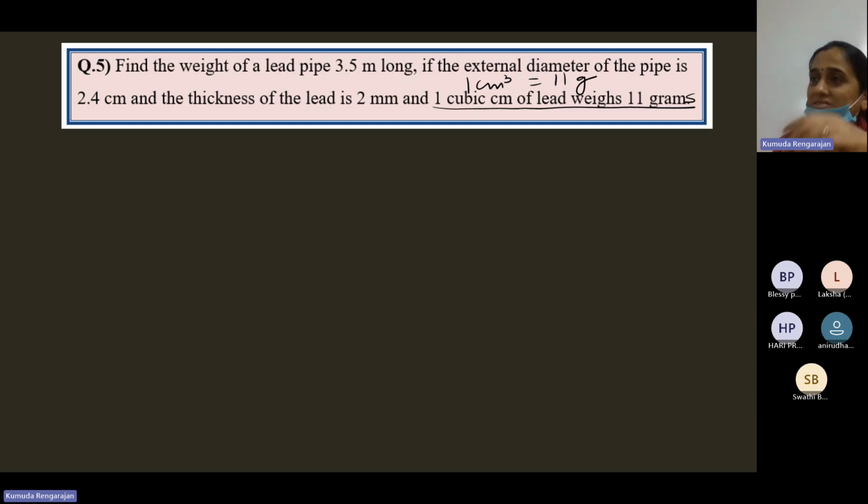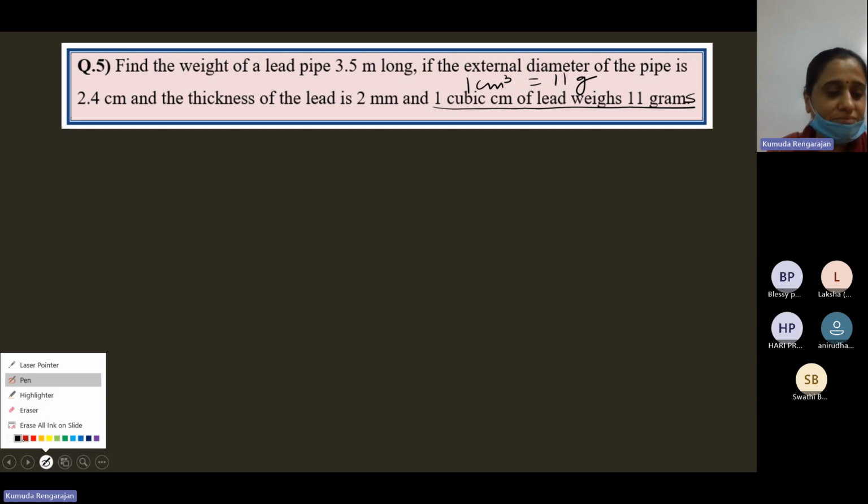If you want to find how many centimeter cube, shouldn't you find volume? Will you find area? No, because centimeter cube is a unit for volume, not area. So you should find how much centimeter cube of lead is there in this particular pipe. So what are the values given for the lead pipe?